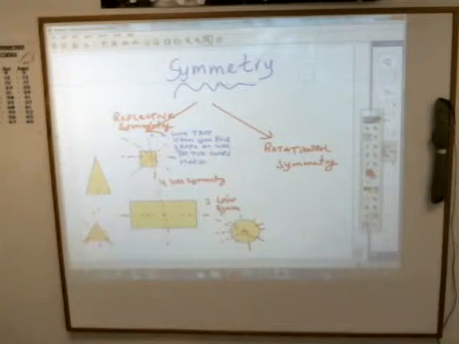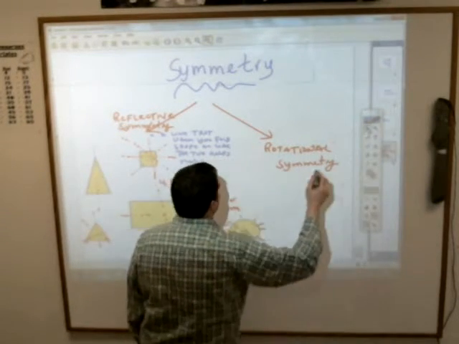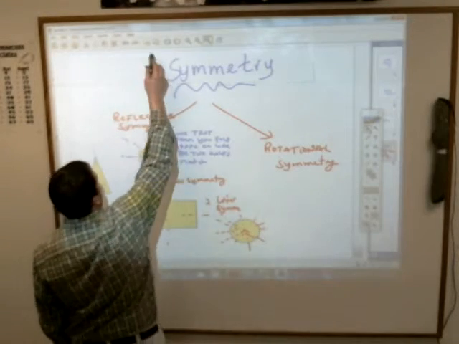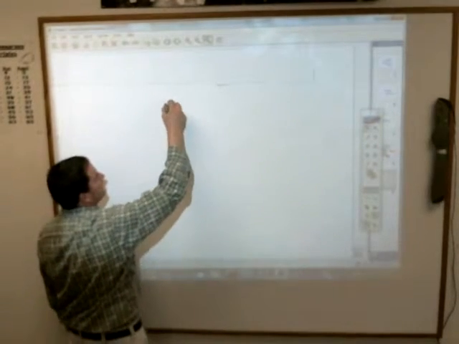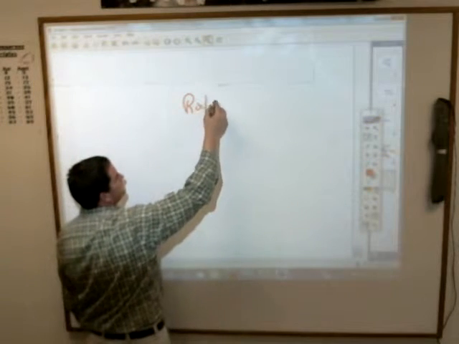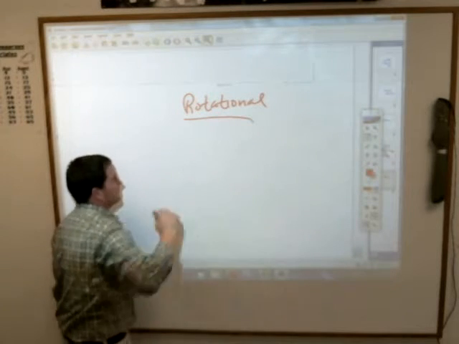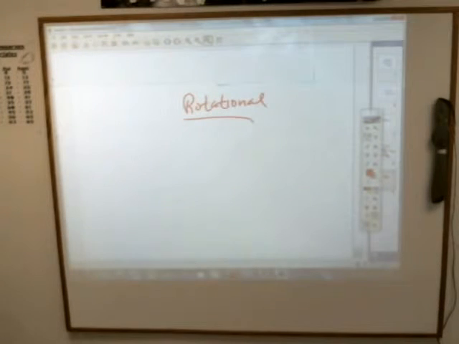Now, with that, we haven't talked anything about rotational symmetry. So again, I'm just going to go to a new page. Rotational symmetry. Write down the definition of this, because it's a little more wordy, a little more complicated here.